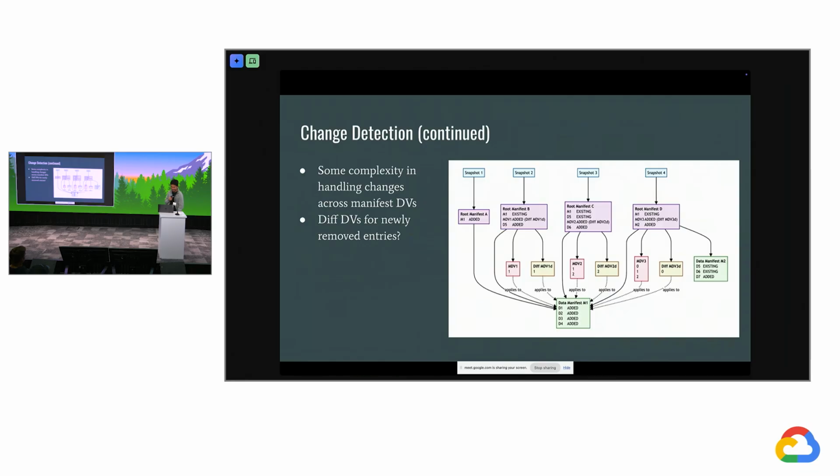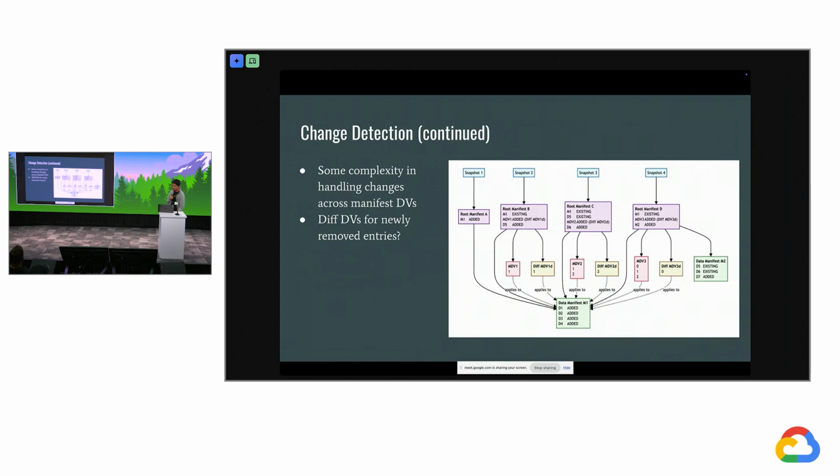Yeah, thanks. This is one really complicated case, but essentially, a lot of the complexity is handling changes across manifests, basically handling the fact that writes can happen at any level in the tree. On top of that, with this notion of manifest DVs, there's even more complexity that we're trying to work through.